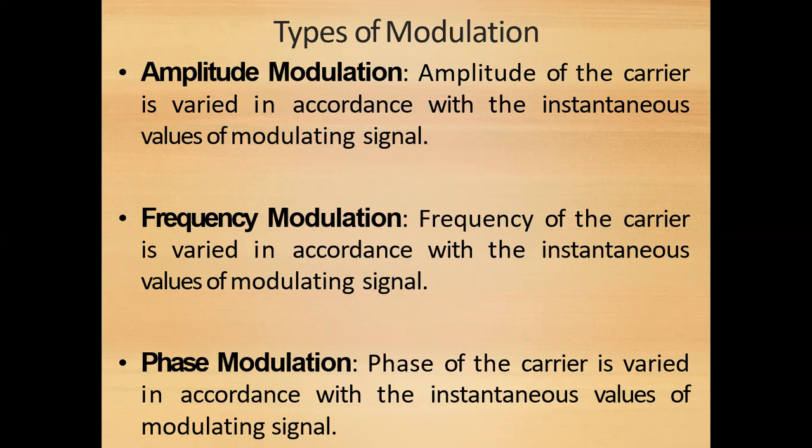In frequency modulation, a little more variation of frequency will be there, and a little bit of variation of phase, but the amplitude will remain constant. Same with phase modulation: the amplitude remains constant, with more variation of phase but a little bit of variation of frequency.